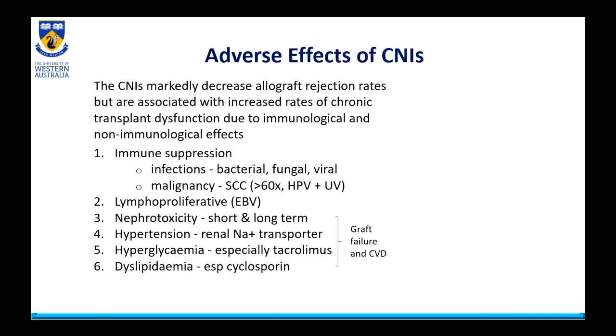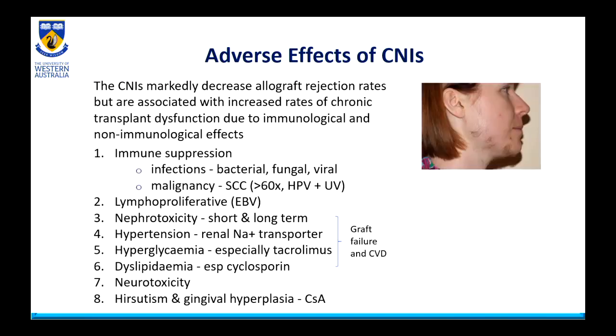Dyslipidemia, caused by cyclosporin in particular, leads to increased amounts of lipids in the blood. You can get neurotoxicity, and you can get hirsutism and gingival hyperplasia. And if you don't know what hirsutism is, like I didn't when I first saw this, it's unwanted hair growth. So you get hair growing in places you don't want it and not meant to be there.